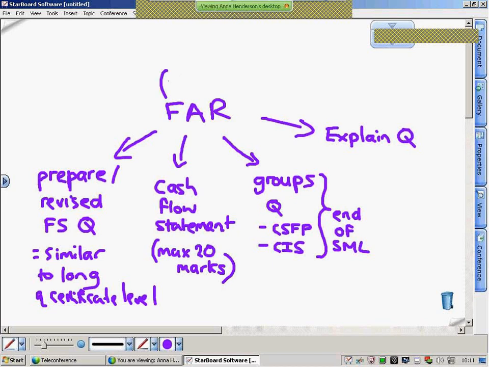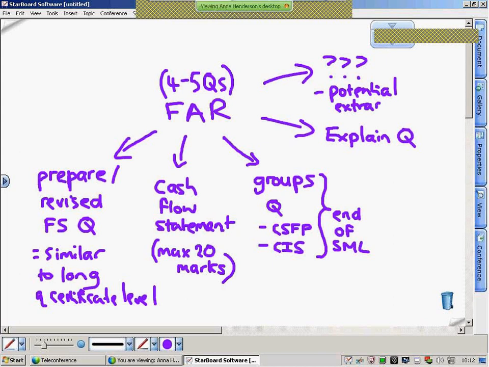I remember going back to what we saw on Monday on the onboarding, it's 4 to 5 questions. So essentially you could have a bit of a surprise question, but there's a definite potential for it to be an extract question. And this is the sort of question that we're going to attempt together tonight.